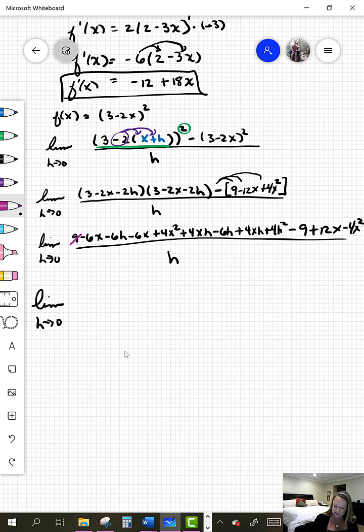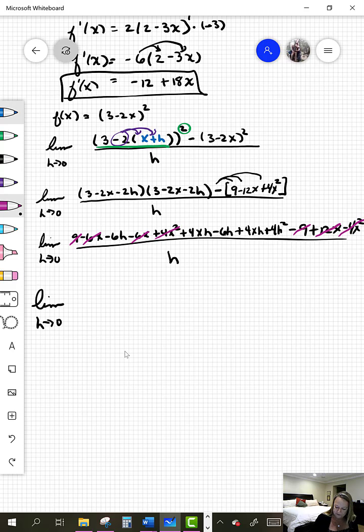So we have 9 minus 9, those cancel. We have a negative 6x minus a 6x, that's minus 12x. Plus this 12x cancels. Here we have a 4x squared, and here we have a minus 4x squared, which cancels.